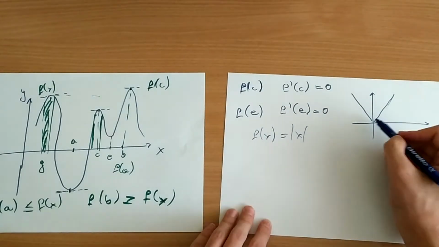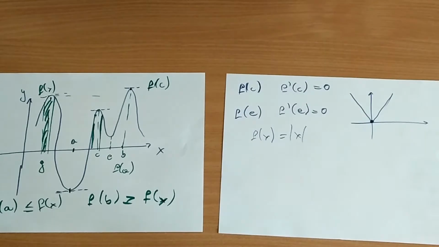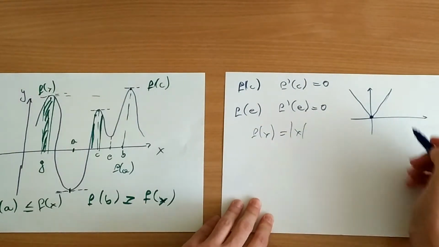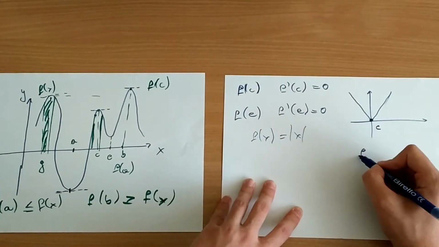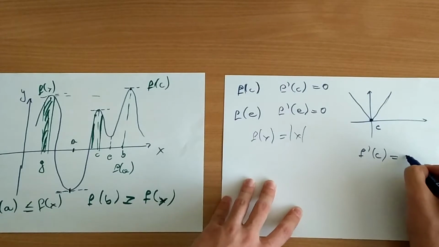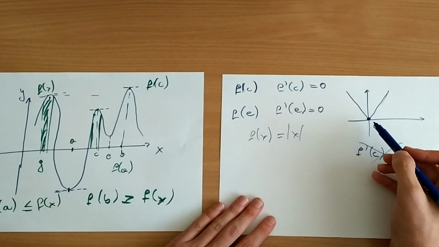Here, this is the minimum point where the y coordinate is equal to 0. But be careful, let's call this point C, we cannot say that f prime of C is equal to 0, since we cannot define the derivative here.